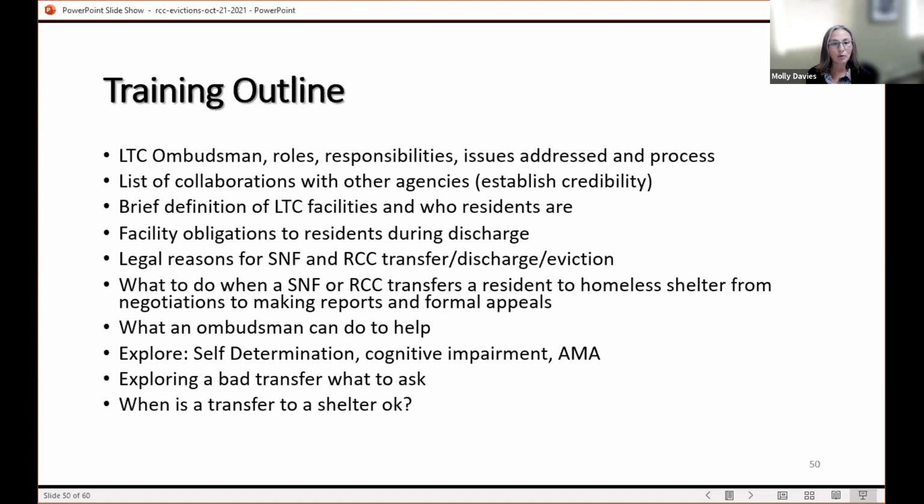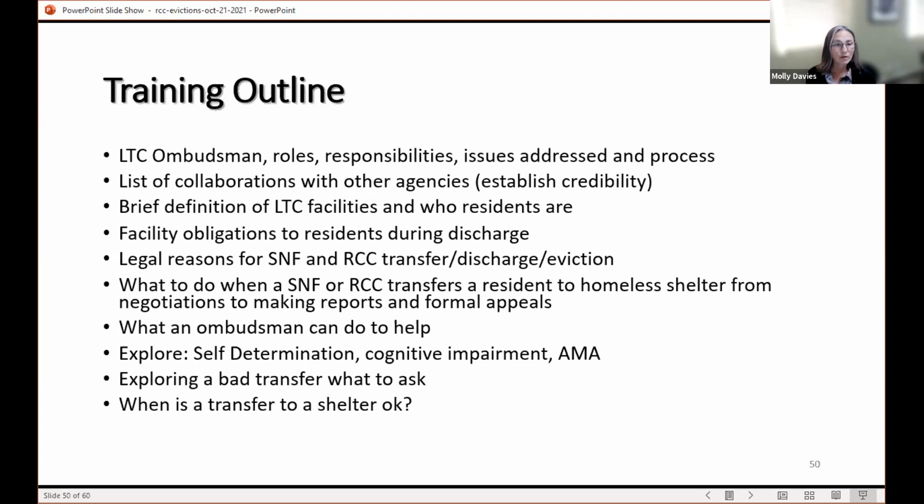We list the collaborations that we had with other agencies to help them see that we were working with some of their other partners and establish our credibility with them. We gave brief definitions of what the different long-term care facilities were and who some of the residents were, the age and some of the conditions they might have, very, very briefly, so they had an understanding about these different settings. We don't want them to be experts, but we want them to have exposure to it.